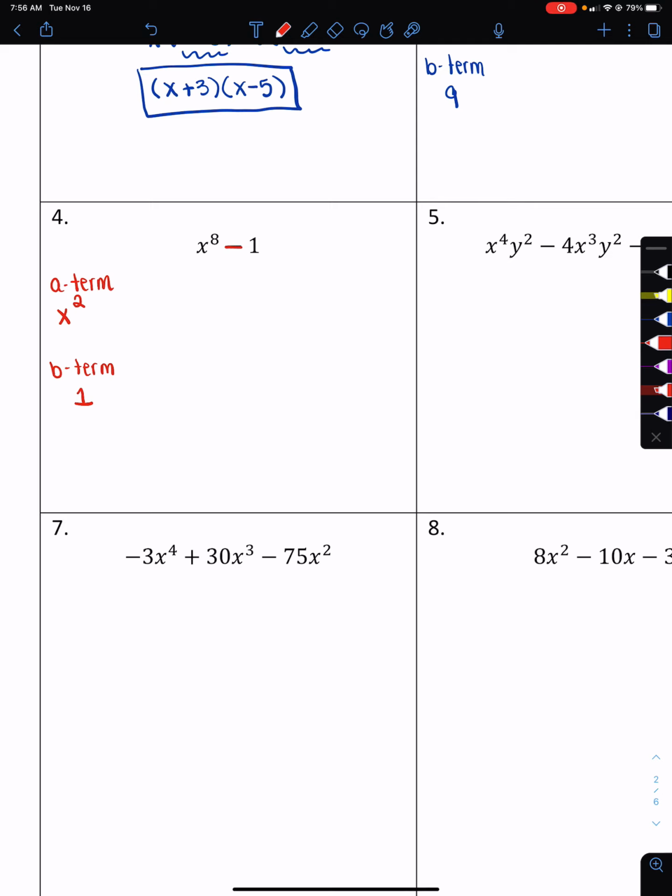So thinking about that SOAP song, the Christmas song that we sang, we said we're going to take the a value, subtract the b value, take the first term and square it, add it to 2 times a times b, and then always add the last term squared. All right, so we have x squared minus 1.